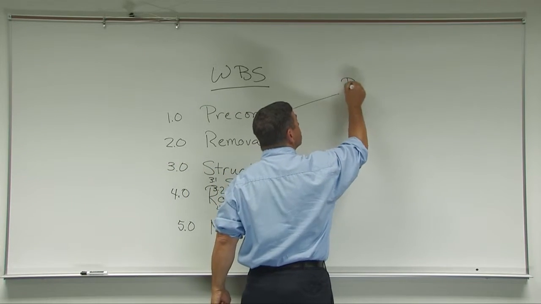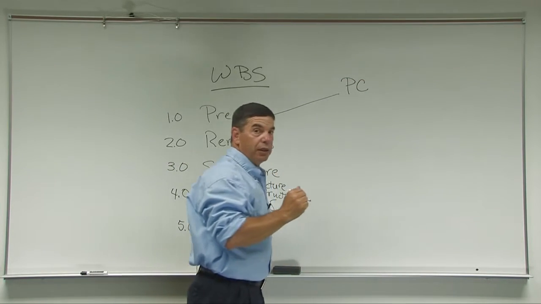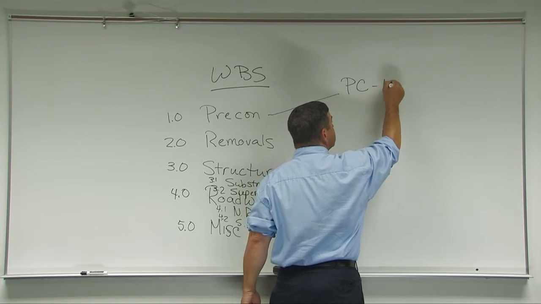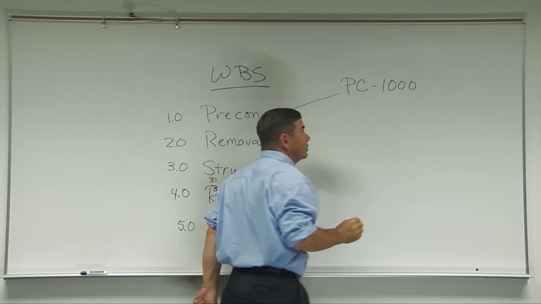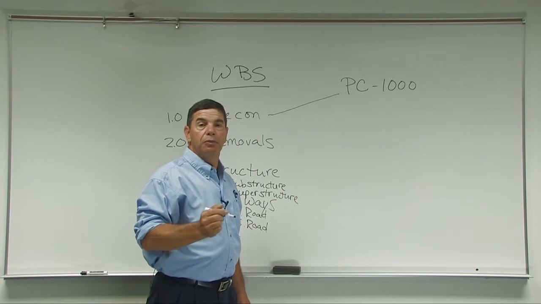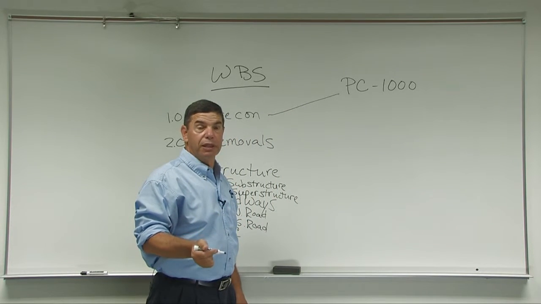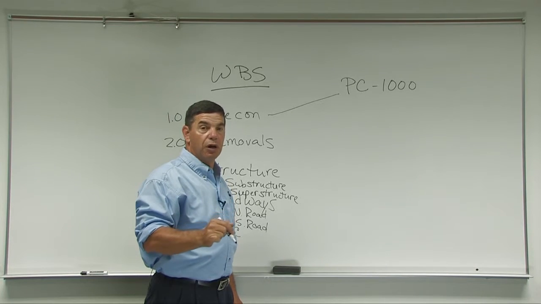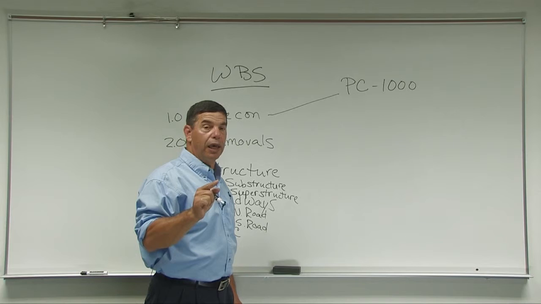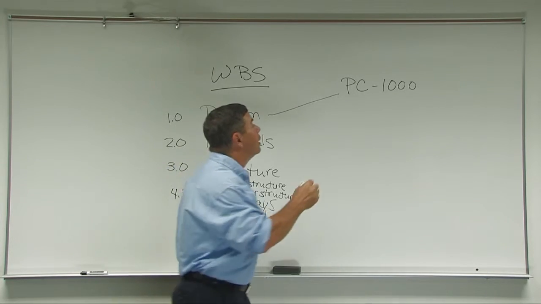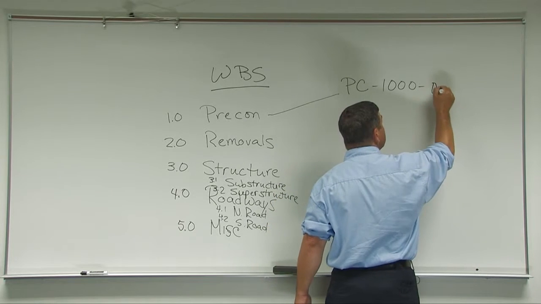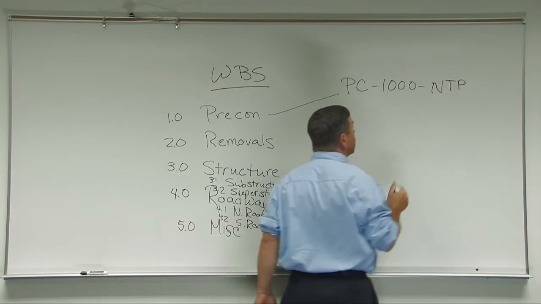So we'll use, just because we want to, PC for pre-con, and the number is 1000. In Primavera P6, all of the tasks have 4-digit numbers, and the numbers are all in sequence, and they skip 10 for each number. So this task is called NTP, Notice to Proceed.